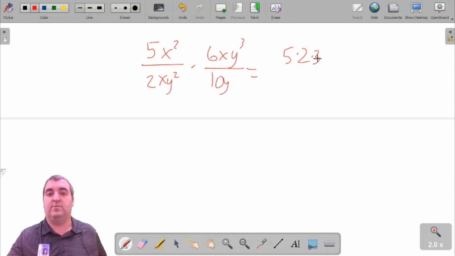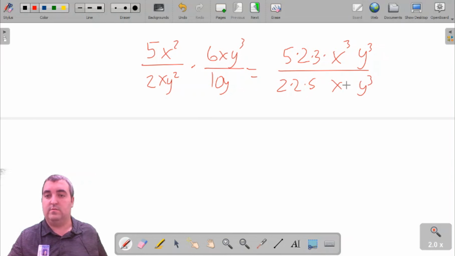So 5 times 2 times 3, which 2 times 3 is 6. Then with the variables, I'm just going to add their exponents, so that's x cubed, y cubed, and the bottom doing the same thing, so 2 times 10, which is 2 times 5, and then 1 x and 3 y's. Okay, they're all being multiplied together.